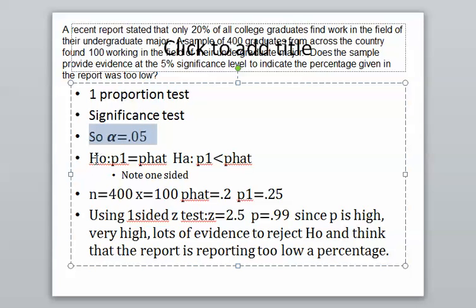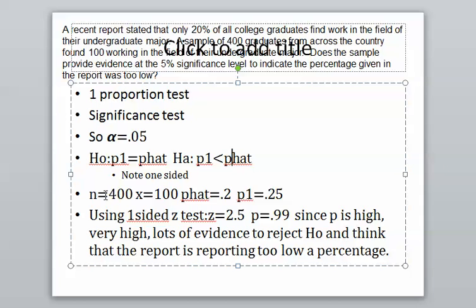Okay, so my null hypothesis is going to be that the expected percentage, this 20%, is equal to what we find. Okay, and the alternative here is that it is less than.